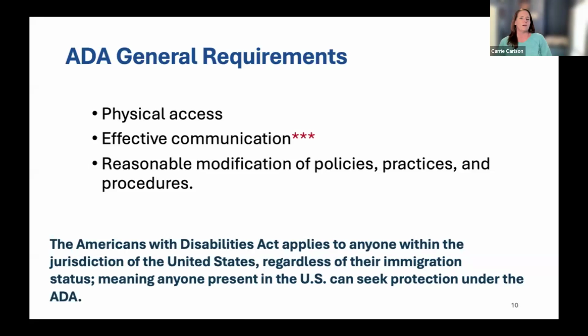And the Americans with Disabilities Act does apply to anyone within the jurisdiction of the United States, regardless of their immigration status, meaning anyone present in the US can seek protections under the ADA, right? That's the way it's supposed to be. I know that's been a question that I've personally gotten a few times recently, so I wanted to make sure that was in there.